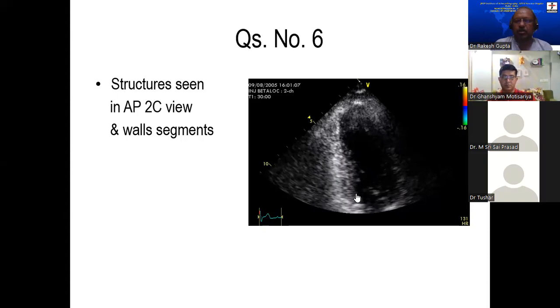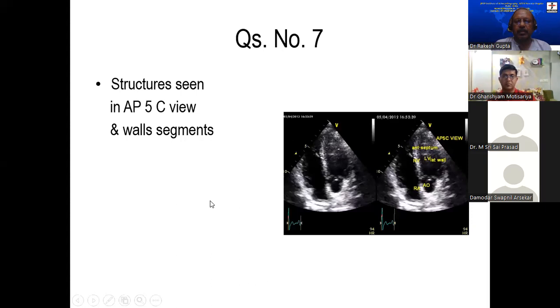Next, I'll go to Dr. Rahul Kenkal. Yes, sir. Rahul, the segments are sitting over here. They have been labeled already. Now tell me the segments. This is an apical four-chamber view. We can see the anterolateral wall and the inferoseptal wall.